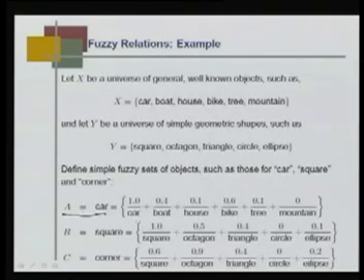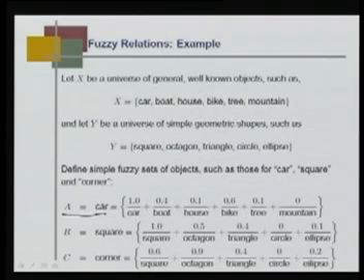Obviously, when we look at a car image, the membership is 1 because it is a car. A boat may not look like a car, but the fuzzy index is 0.4. A house is very unlikely to look like a car, so the fuzzy index is 0.1.